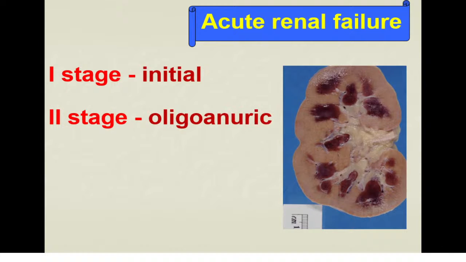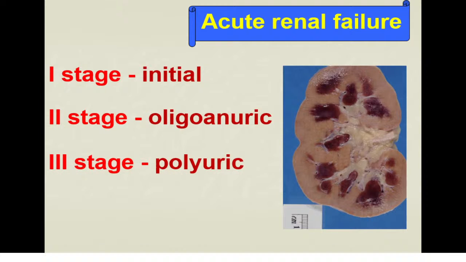Second stage becomes visible because patient and doctor can see progressive decrease diuresis to oliguria when the amount of filtrated urine becomes less than half liter and complete absent urination, anuria. Then maybe third stage when the kidney activity again come back and filtration of urine presented, but it's not controlled completely. We are talking about polyuria. And fourth, recovery stage.